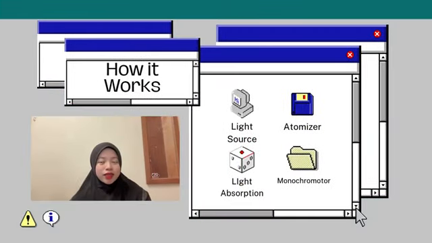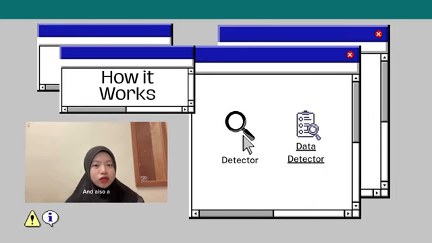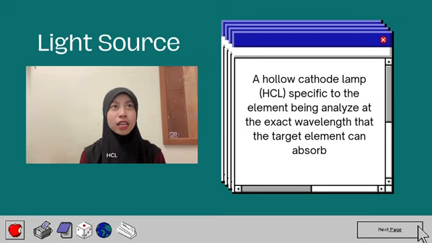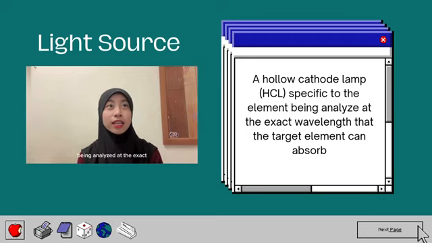As you can see, this is how AAS works. AAS consists of a light source, atomizer, light absorption, and monochromator, and also a detector and data analysis. For the light source, a hollow cathode lamp (HCL) specific to the element being analyzed emits the exact wavelengths that the target element can absorb.